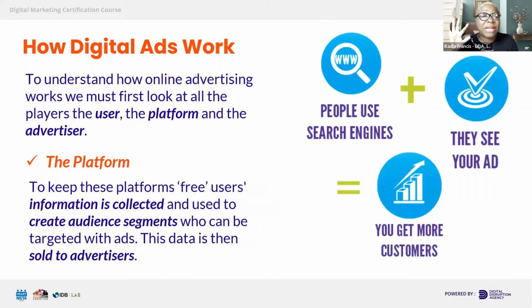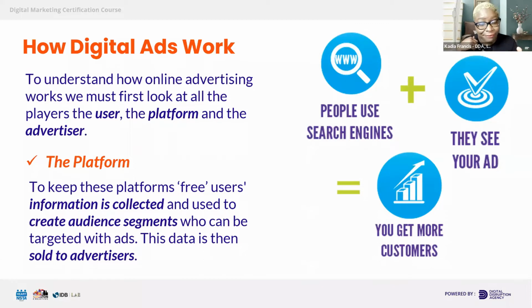To keep these platforms free, users' information is collected and used to create audience segments who can be targeted with ads. This data is then sold to advertisers, right? So you, the user, get on this platform, can use it for free, can view content for free. In exchange, you give them your information and attention.